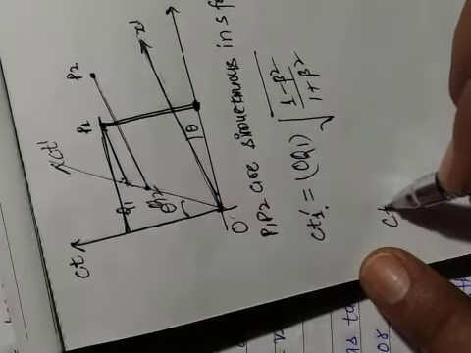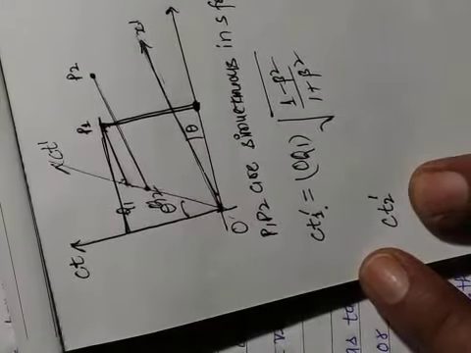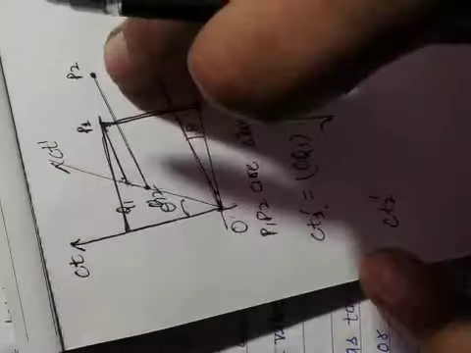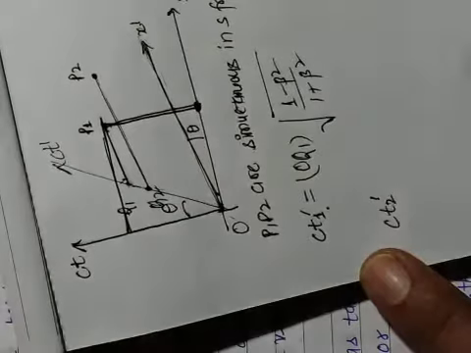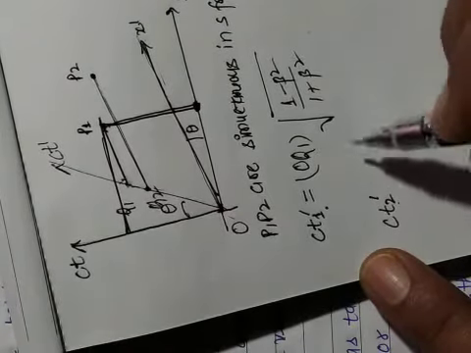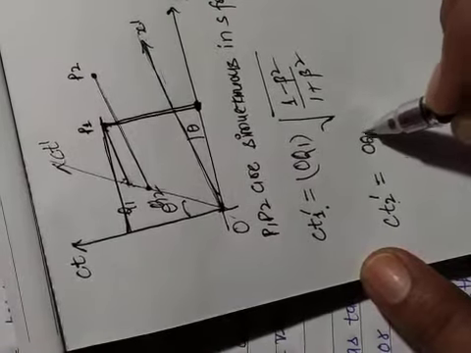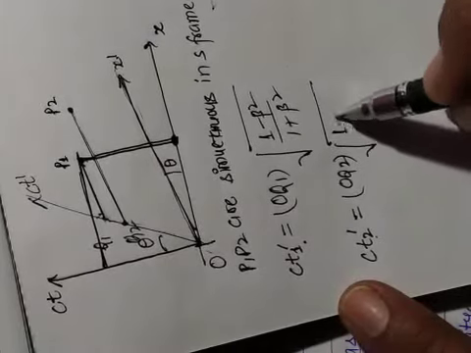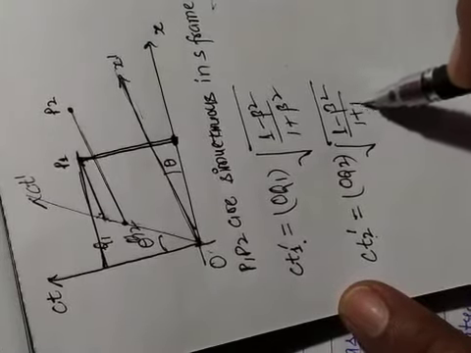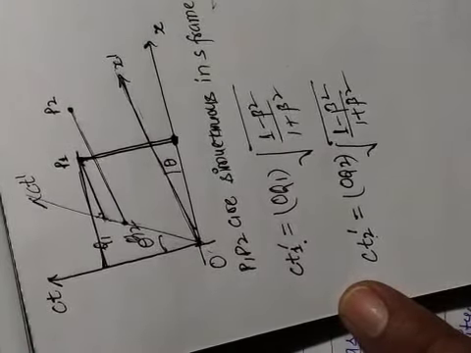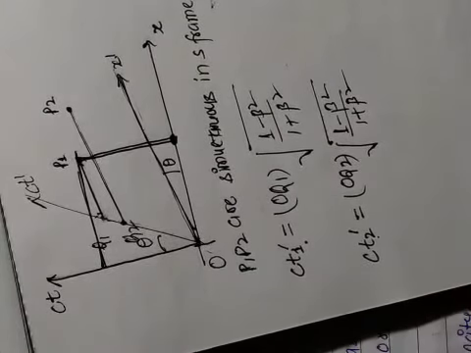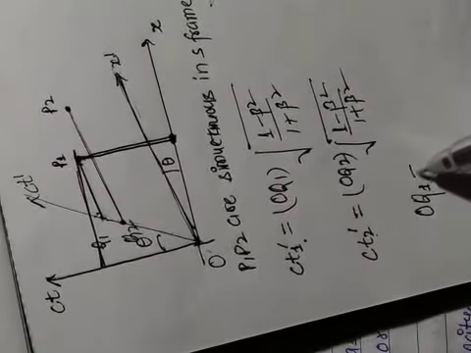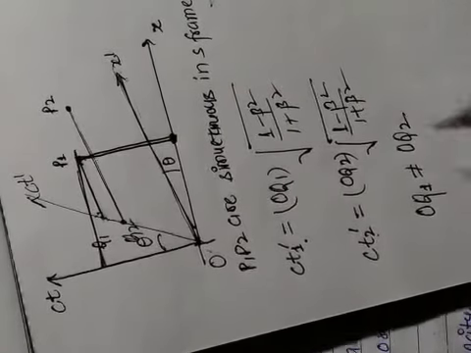So CT2 prime is equal to OQ2 multiplied by the same factor 1 minus beta square over 1 plus beta square. But OQ1 does not equal OQ2.